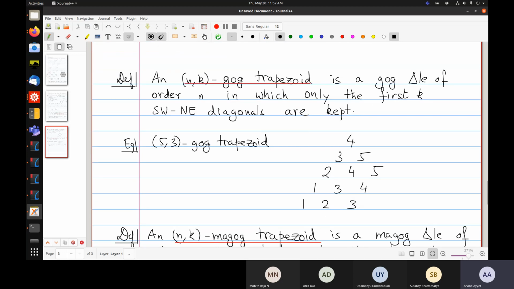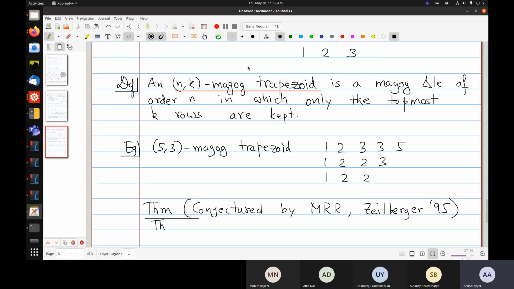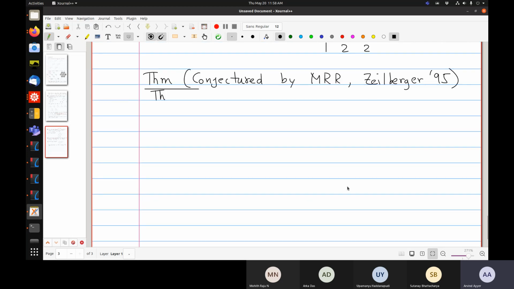I should have said, for 1 less than or equal to k less than or equal to n. If k is equal to n, this is a gog triangle. And here too, for 1 less than or equal to k less than or equal to n, if k is equal to n, this is a magog triangle.